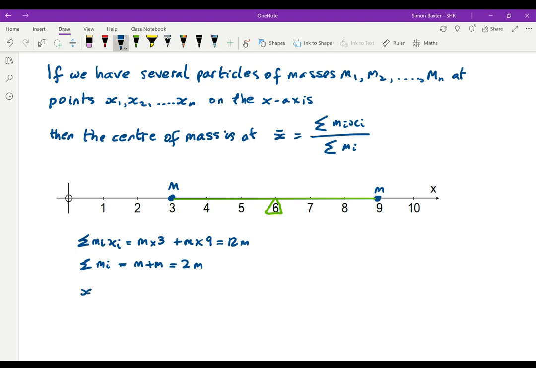Then x bar is sigma mi xi divided by sigma mi, that is 12m divided by 2m, that is 6, which is what we expected. And so we say that x bar equals 6 is the center of mass.